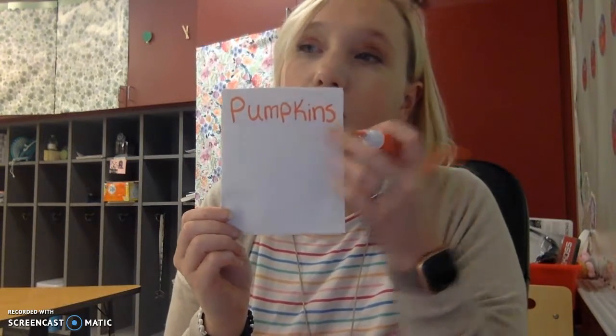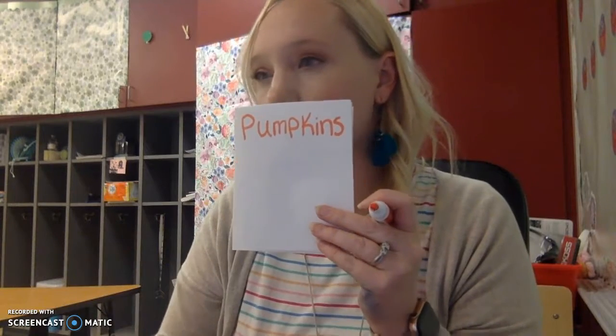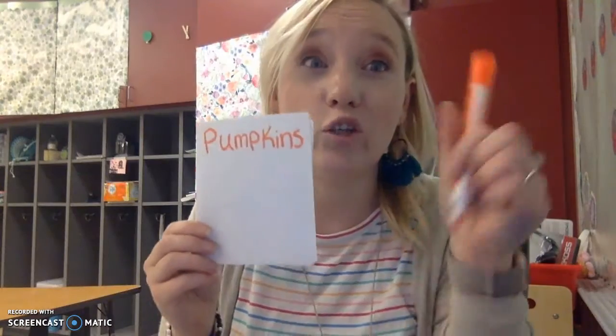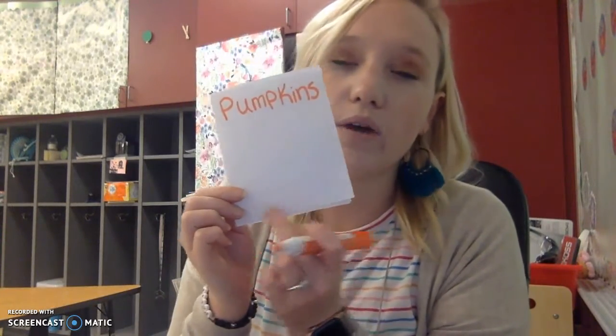And then, what else do we need to have on our cover page or our front cover? The author and the illustrator. Since this is your book that you are writing, then you are the author and you are the illustrator. So we have to put your name. So at the bottom of the front cover, I'm going to put Mrs. McClure because this is my book.